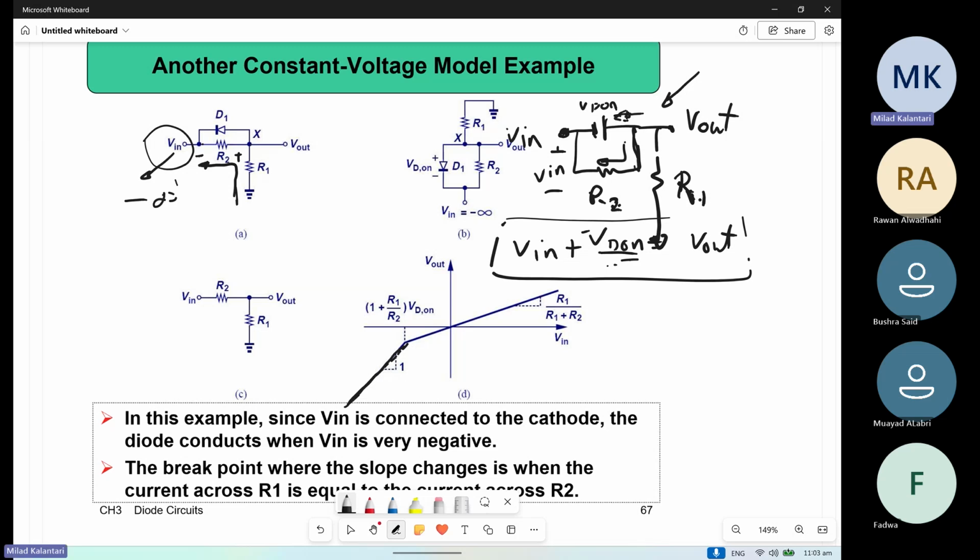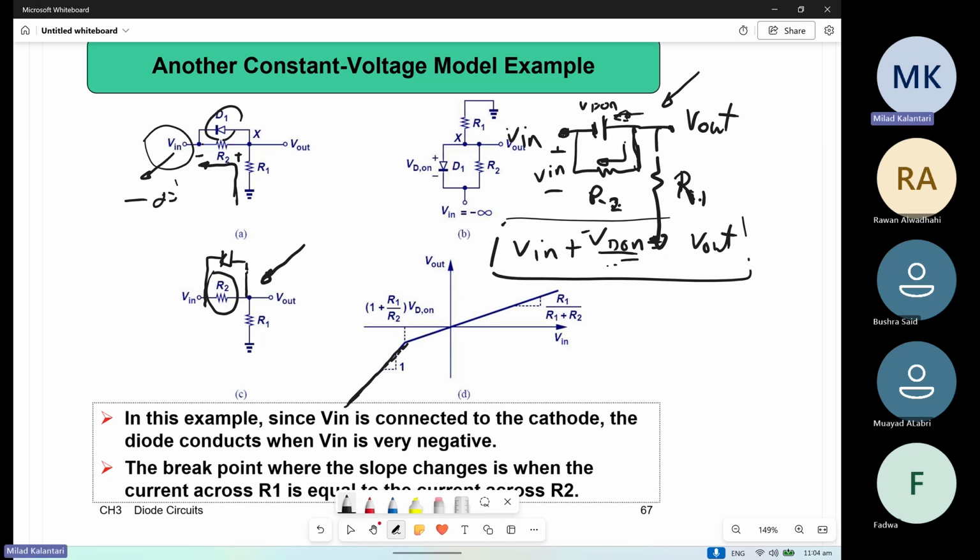So it doesn't matter whether you assume there is a diode or not, because the diode current is almost zero, and the circuit would be simplified like this. But the voltage across the R2 is just enough to turn on the diode at that transition region. Basically, the diode is not turned on yet, but the voltage is just enough for that.